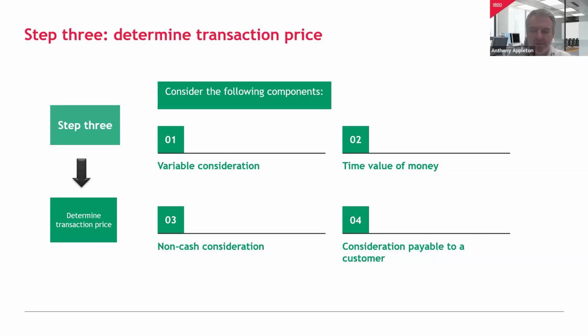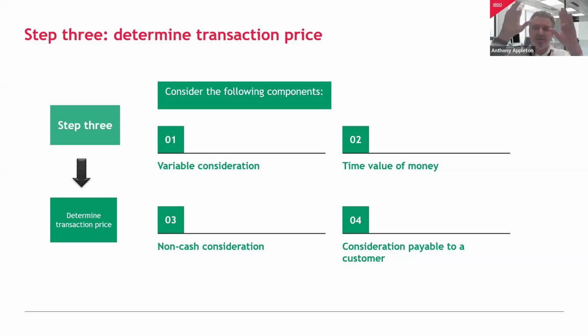So Raisa there has covered step 1 and step 2. If you think of step 1 as looking at all of the possible performance obligations that we have to think about together, and then we split that into individual distinct performance obligations, well, steps 3 and 4 perform a similar exercise, but in terms of the consideration you receive.